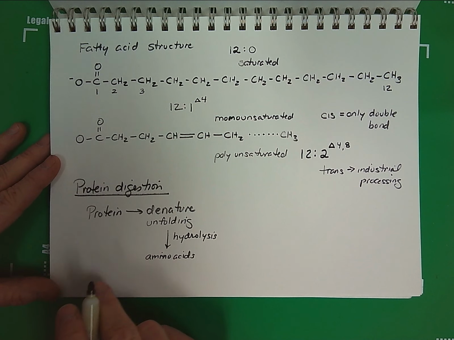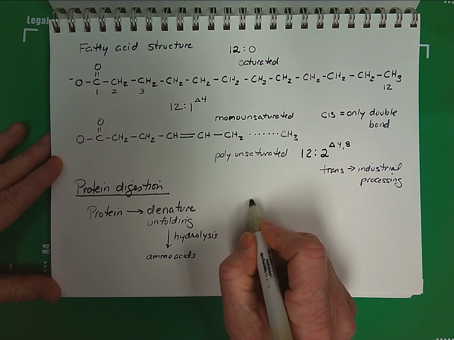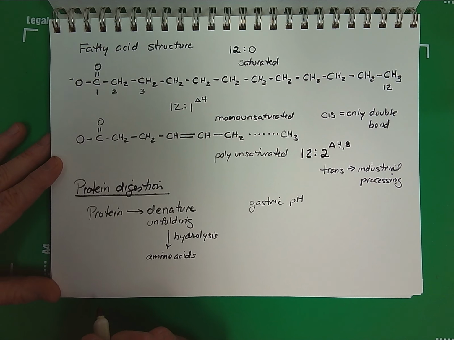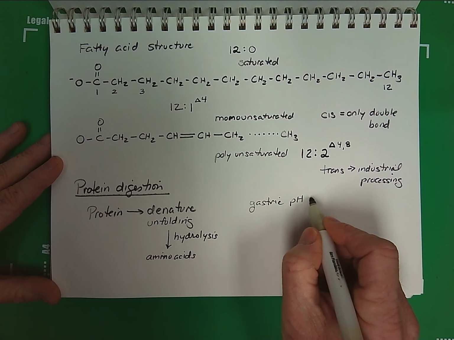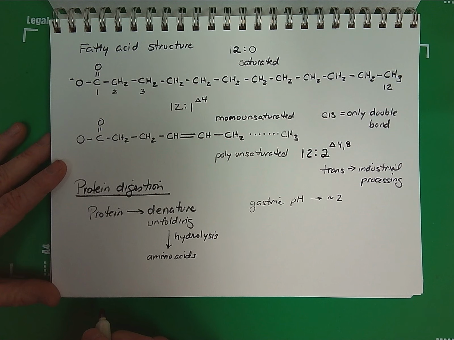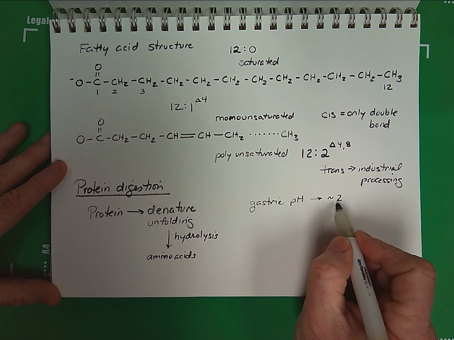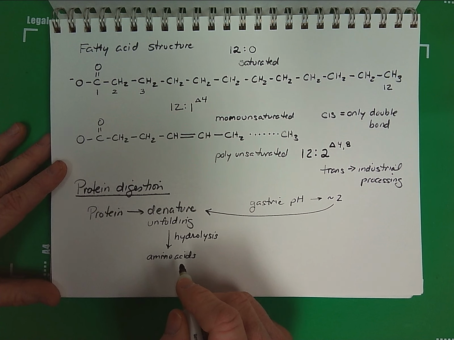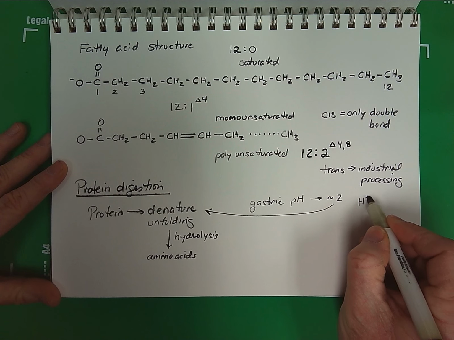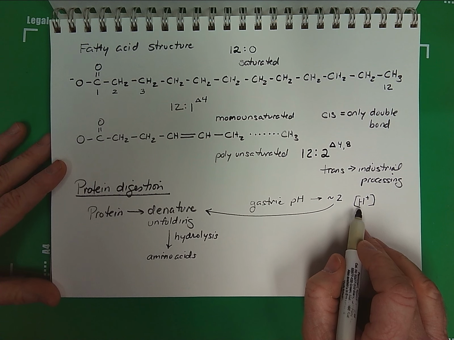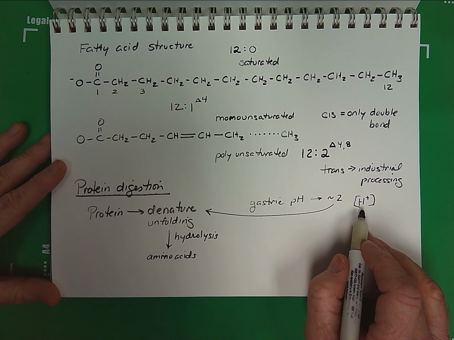Now, how do we denature? Well, this is where we talk about gastric pH. We know that our stomach pH can actually decrease down to approximately 2. What the acid environment is going to do is facilitate the denaturation of the protein. Remember, with acids, we have a high proton concentration, and this is going to interrupt and interfere with bonds that hold the protein's tertiary structure together.